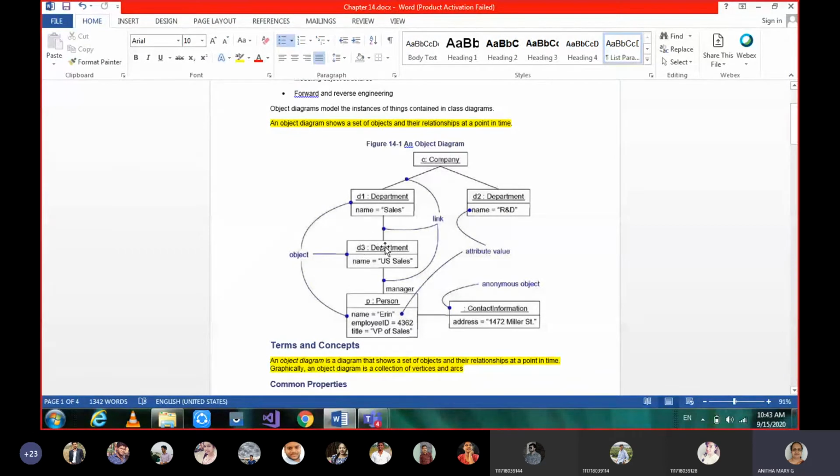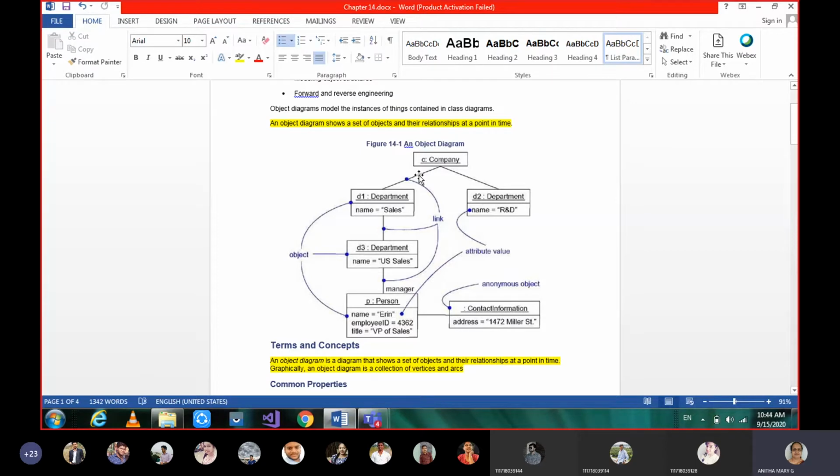D3 is the instance of department US sales, and P is the instance of person, and that person's name is clearly given here. Okay, and this contact information, of whom exactly it's not given. Okay, so if a person instance is connected, that means the person details will become the contact information.